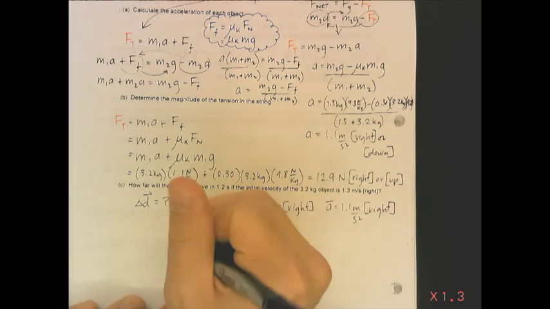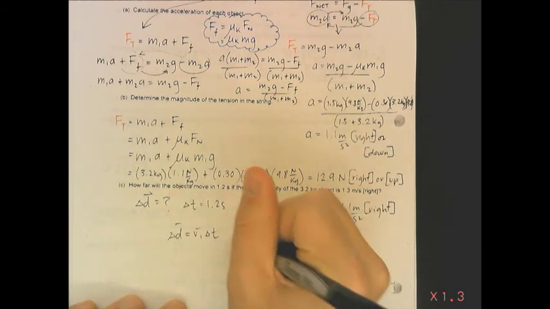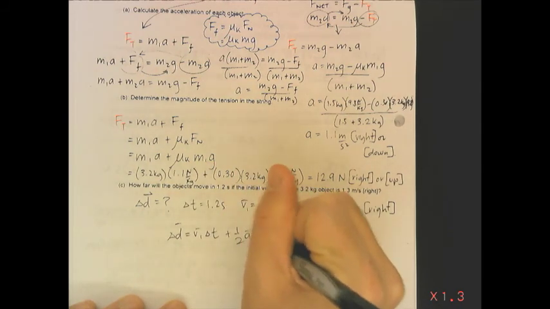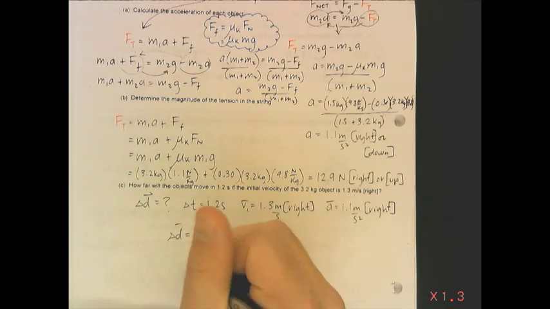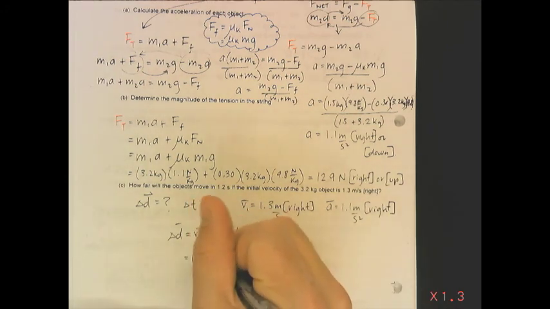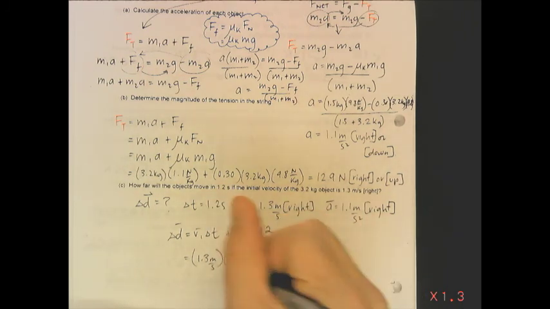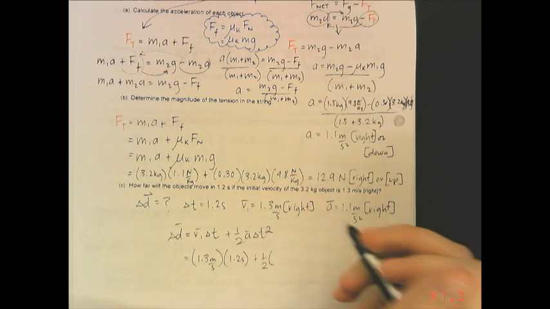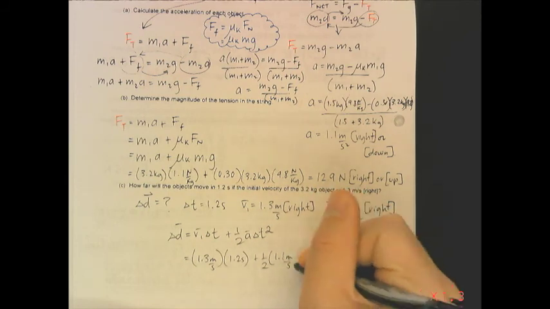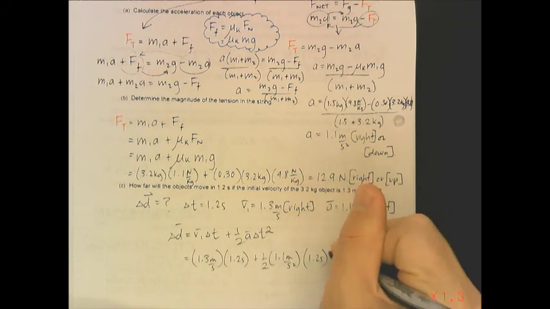The equation that we use is delta D equals V1 delta T plus 1/2 A delta T squared. So we have an initial velocity of 1.3 meters per second to the right, which I'm going to leave as positive, times 1.2 seconds, plus 1/2 times 1.1 meters per second squared to the right, so I'll leave it positive as well, times 1.2 seconds, squared.